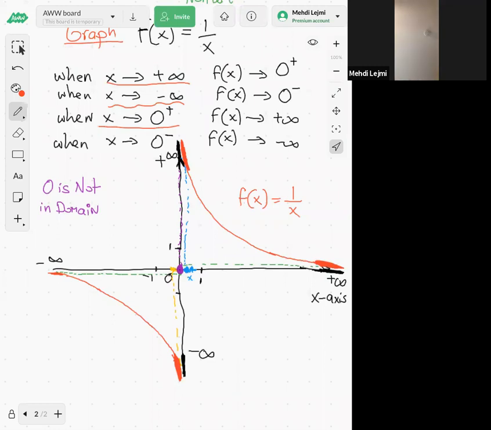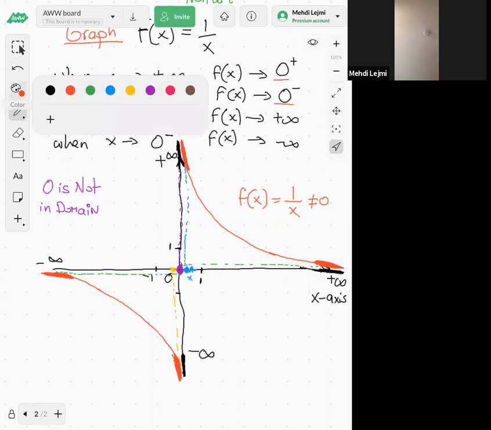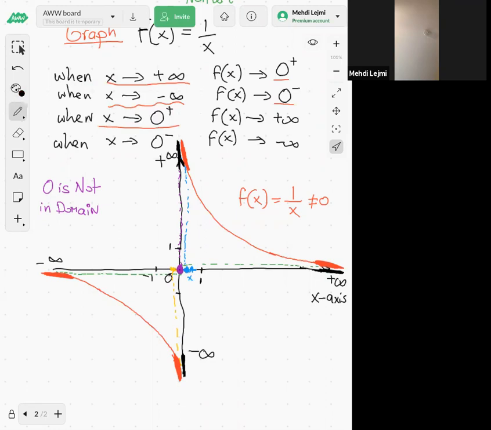The same thing here at negative infinity. So here's your graph, right? It's getting very, very close to the x-axis because the values of the function f are close to 0, but it's never equal to 0. So it won't touch the x-axis, okay?